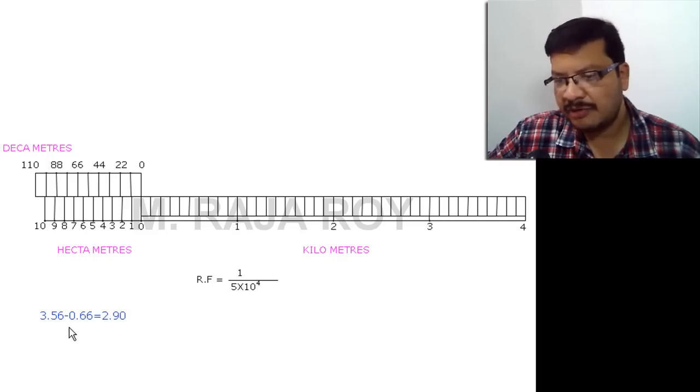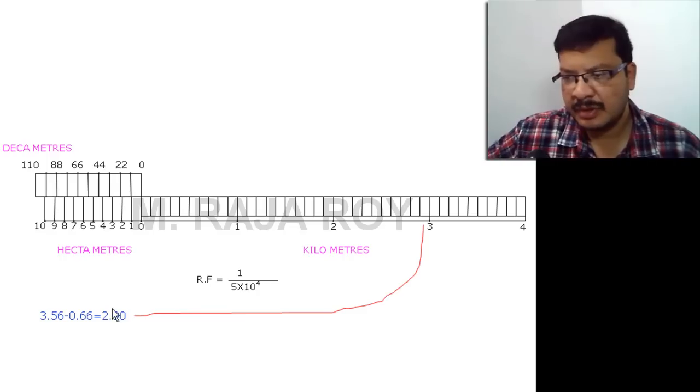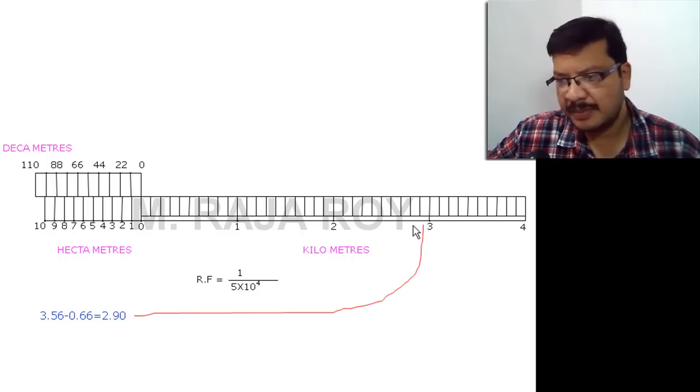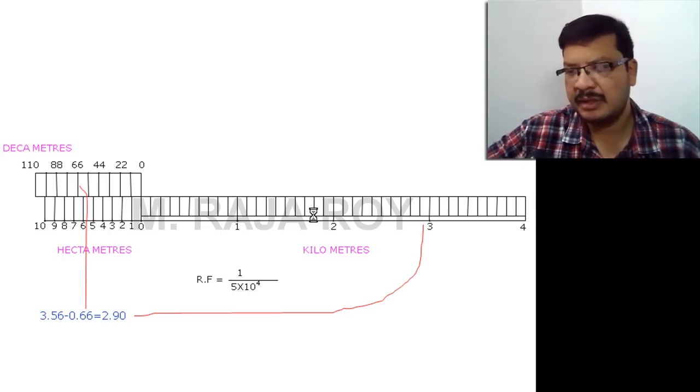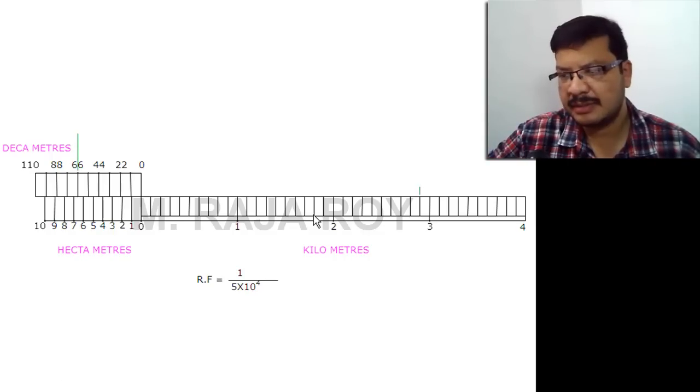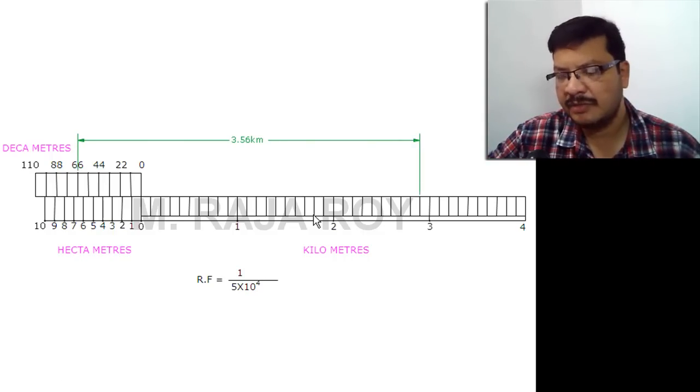That means 3.56 can be represented as 2.9 plus 0.66. Mark this 2.9 value somewhere here, and 0.66 here. Then this total length will be 3.56. This is the Vernier scale.